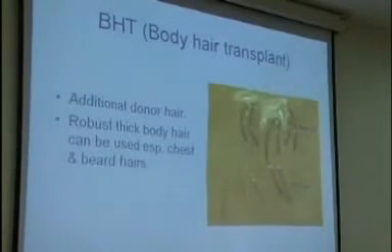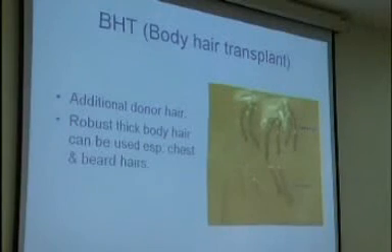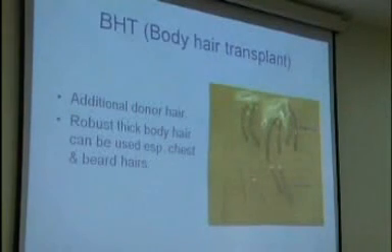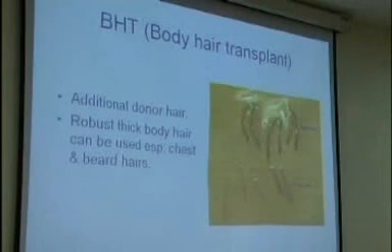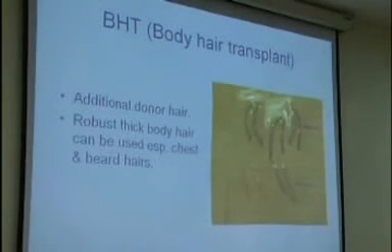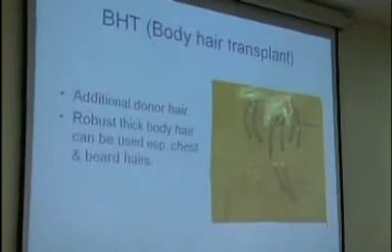We cannot just use body hair all by themselves. We have to mix them with scalp, but they augment the available donor supply. As a result, more people can go for more denser hair restoration now than what they could do earlier. This is called body hair transplant or BHT, that is body hair follicles taken out and transplanted to the scalp.